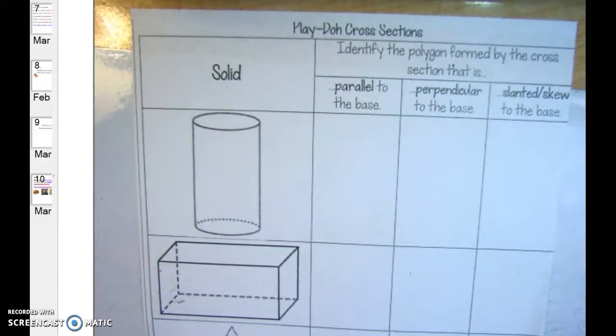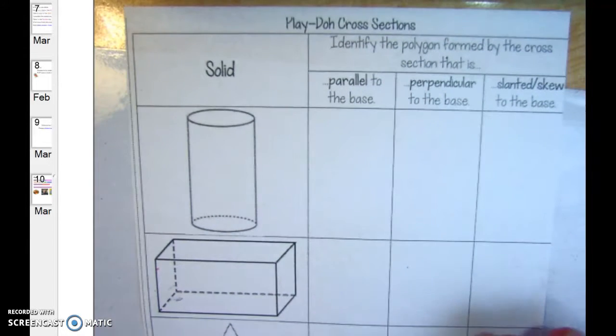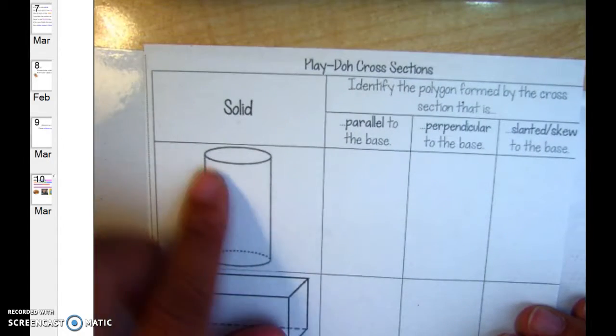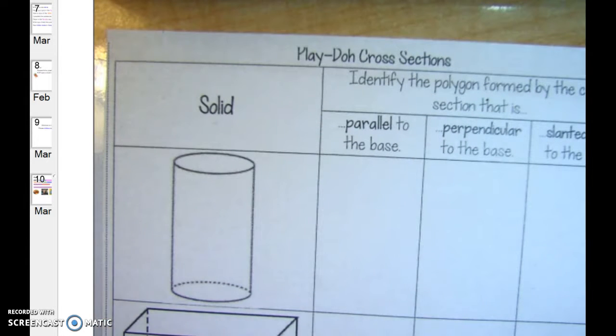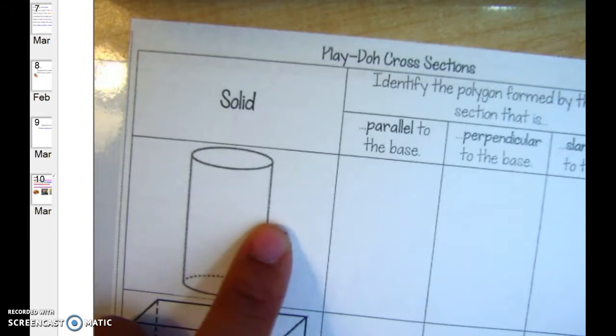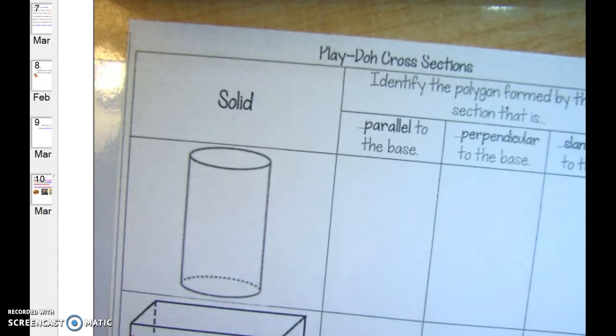So it's been a while since we talked about cross-section, so let's go back and review. For cross-section, you have a solid 3D object, and you want to see what polygon, what 2D shape is made when you slice through different parts.